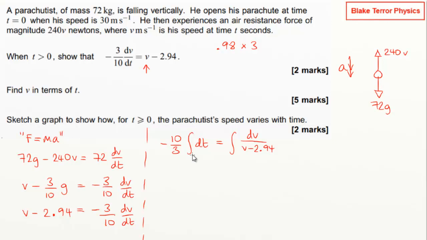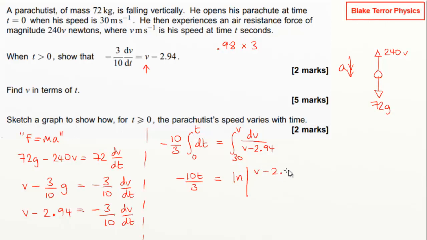Now let's put in our limits. Time is going from 0 to t. Velocity starts at 30 and goes to some velocity v. So let's put all of this in. We've got minus 10t over 3 is equal to, this is going to be our log thing going on here, so natural log, and we're going to be subtracting two logs from each other.